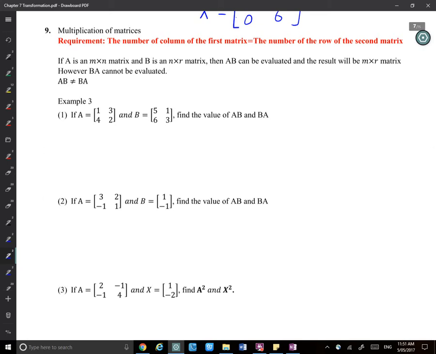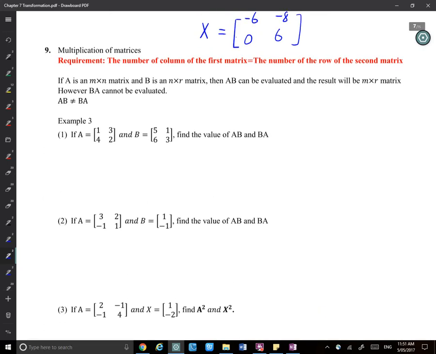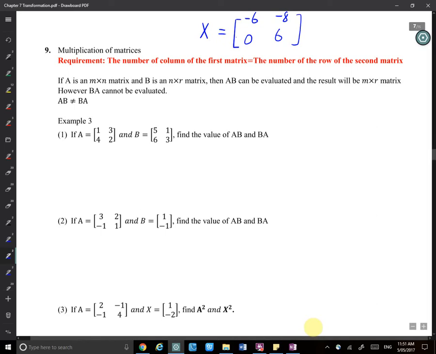First, when we do addition and subtraction, only matrices of the same dimension can be added or subtracted, right? There's a requirement. For multiplication of matrices, the requirement is quite annoying because it's not the same dimension. It's that the number of columns of the first matrix must equal the number of rows of the second matrix.